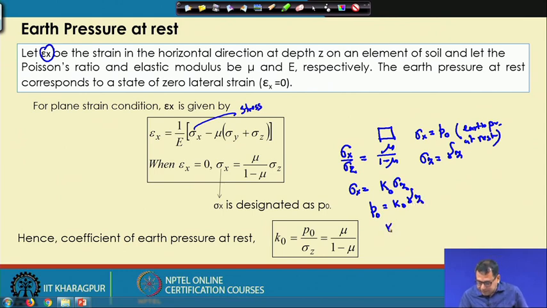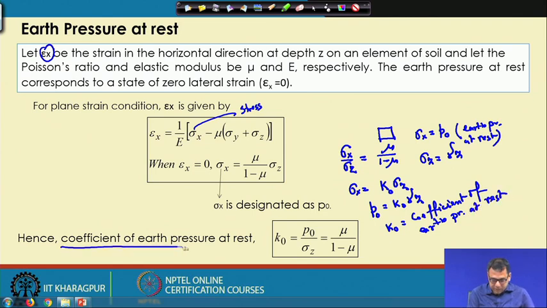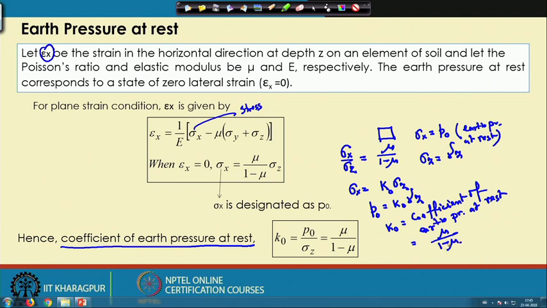This k 0 is called the coefficient of earth pressure at rest, which we can calculate by mu over 1 minus mu. If you know mu, we can determine the coefficient of earth pressure at rest.